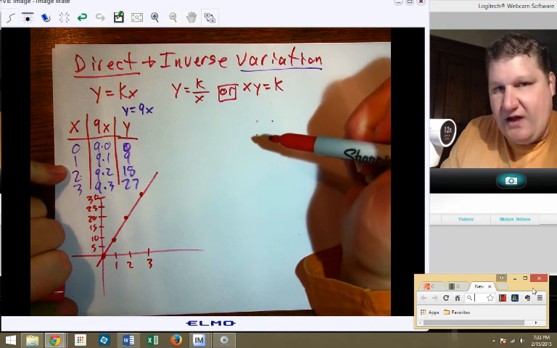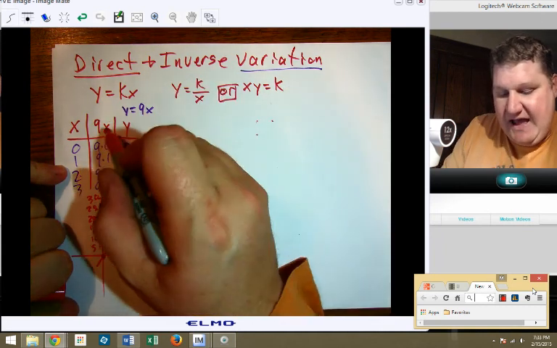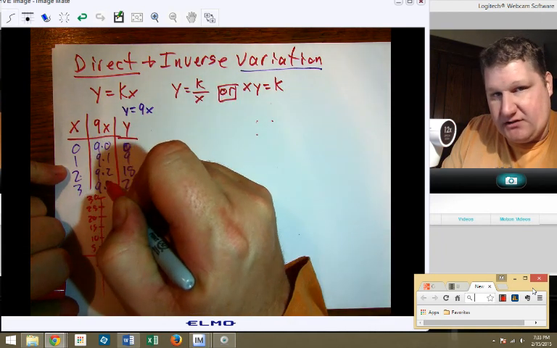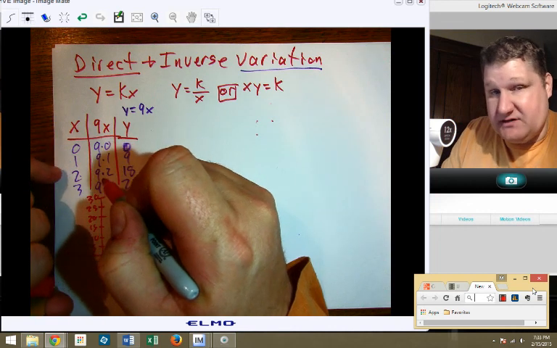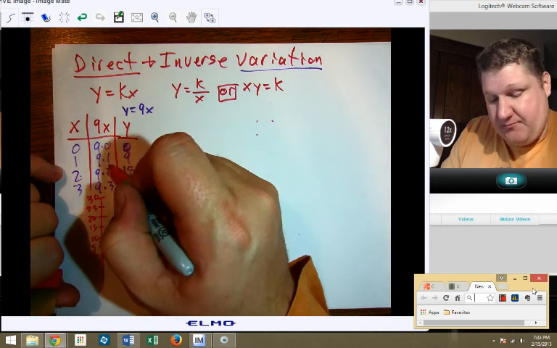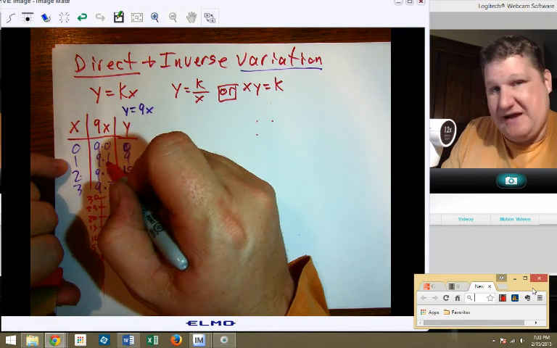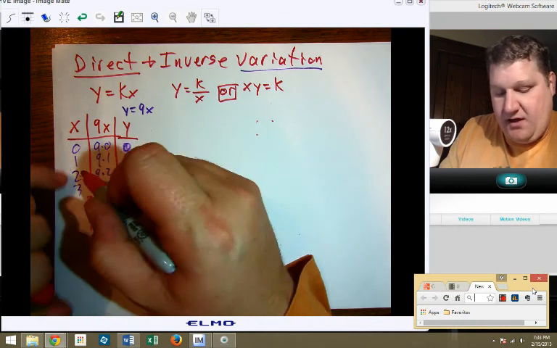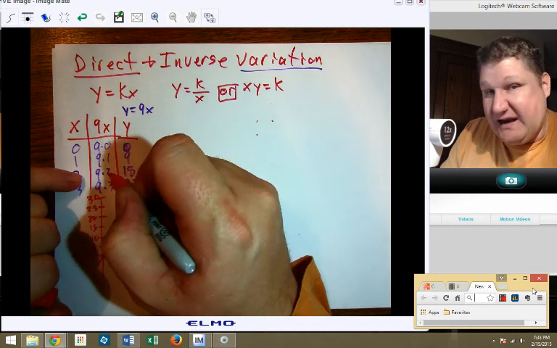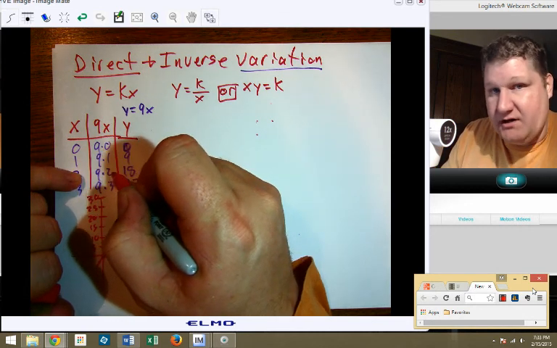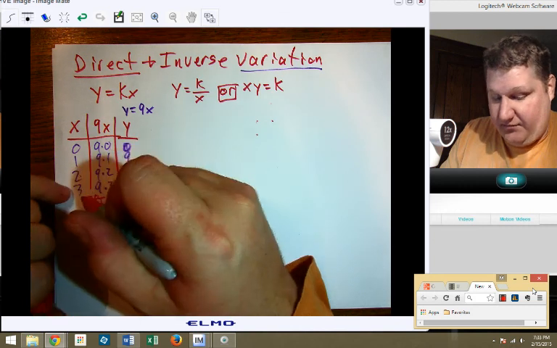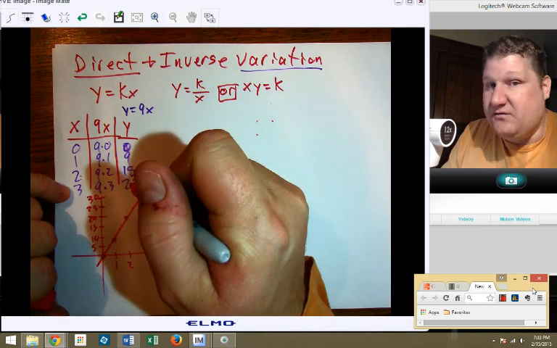By direct variation, we mean as one thing does something, the other thing automatically does something else. For example, you work 1 hour, automatically you're going to get paid $9 for that hour. If you work 2 hours, automatically you're going to get paid another $9, making 18. 3 hours, 3 times 9, 27.